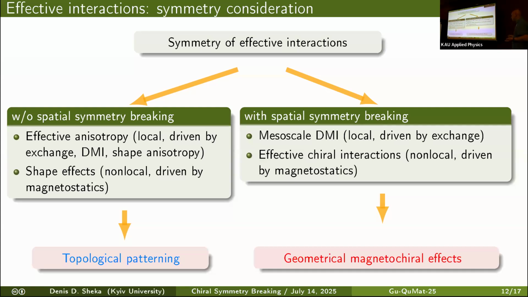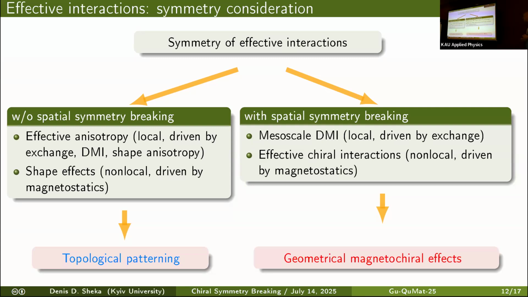It can be a local interaction, driven by exchange, Dzyaloshinskii-Moriya interaction, or shape anisotropy, or it can be non-local, driven by magnetostatics. And finally, these effective interactions lead to a kind of effect which we call topological patterning.